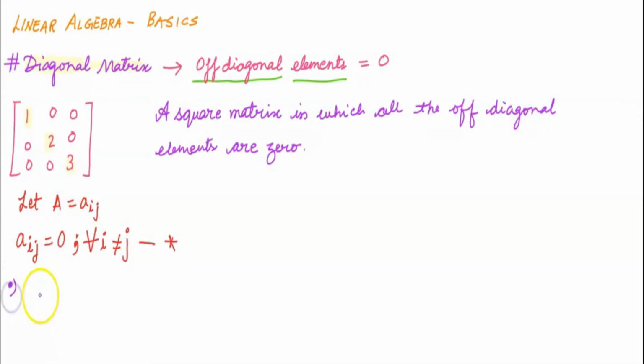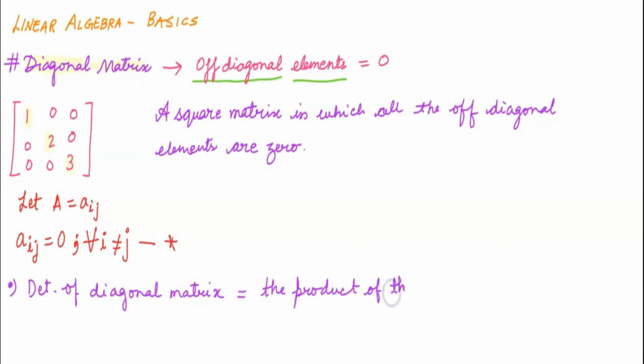The determinant of a diagonal matrix is always equal to the product of the principal diagonal elements.